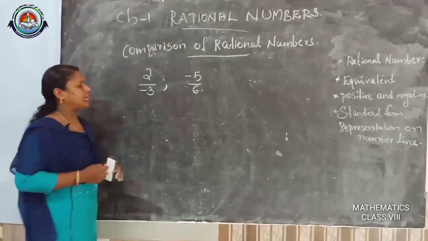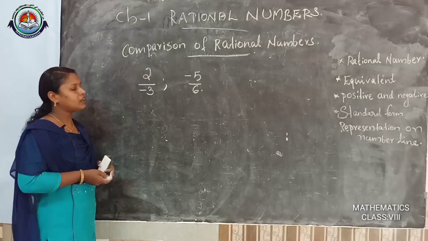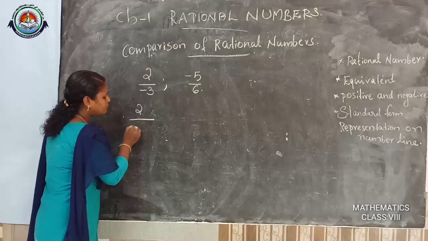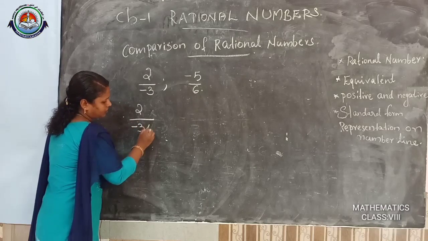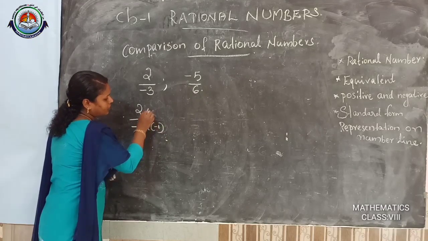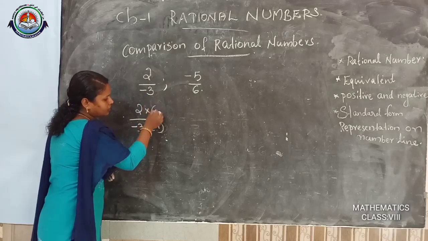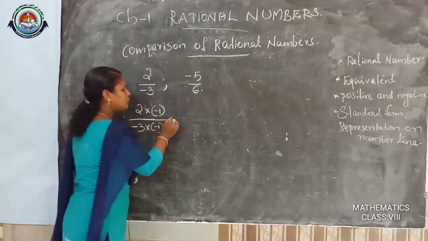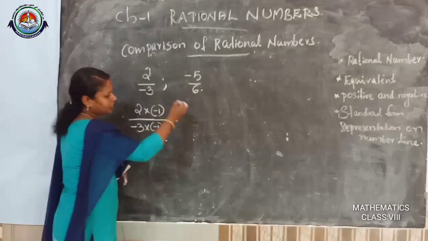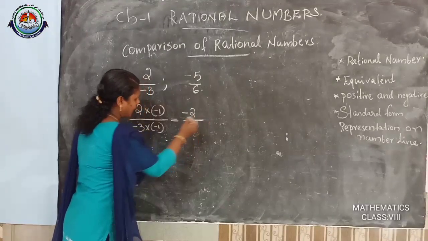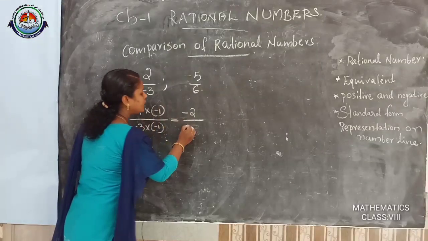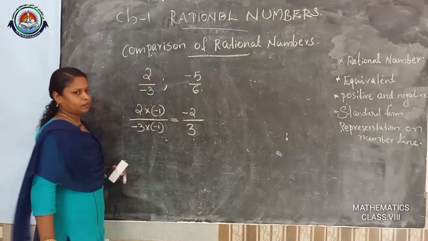To remove the negative sign, we need to multiply with negative 1. That is 2 by negative 3 into negative 1. So we need to multiply the negative 1 in the numerator also. 2 into negative 1 is negative 2 and negative 3 into negative 1 is positive 3.